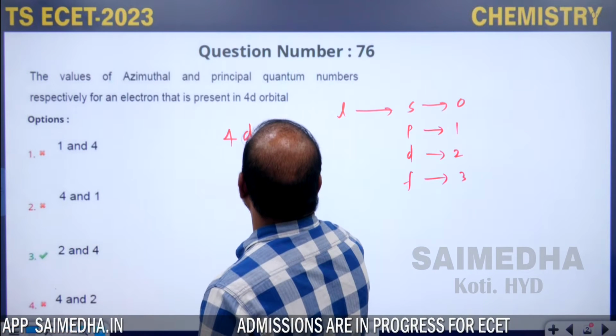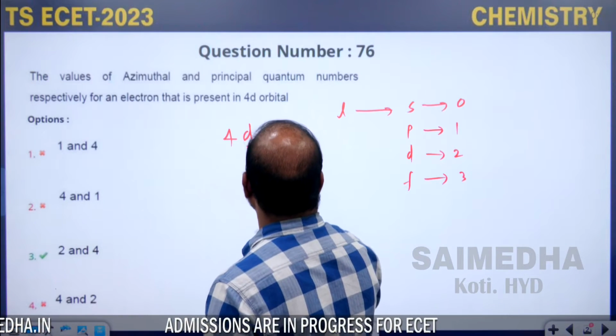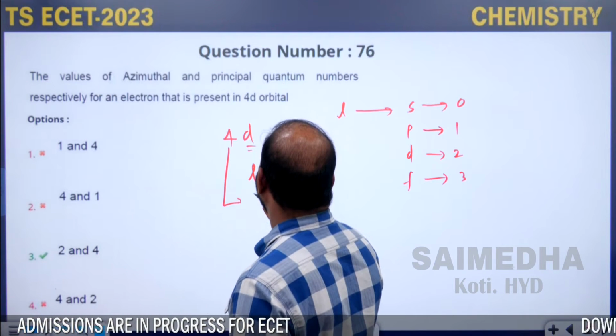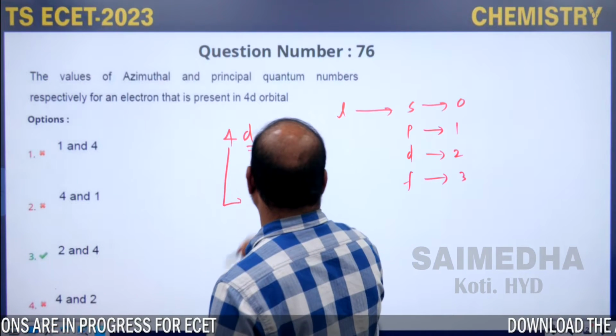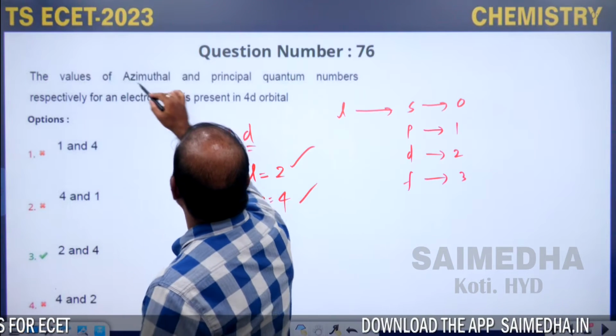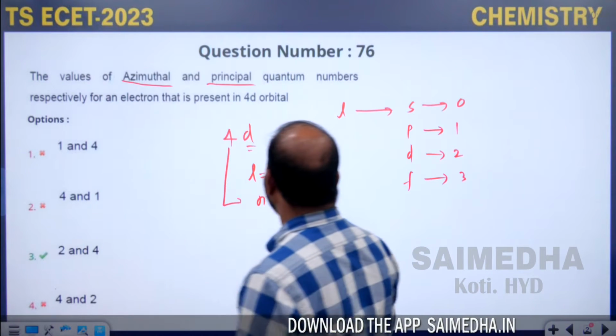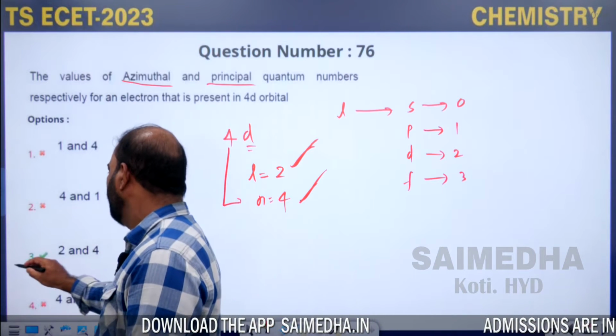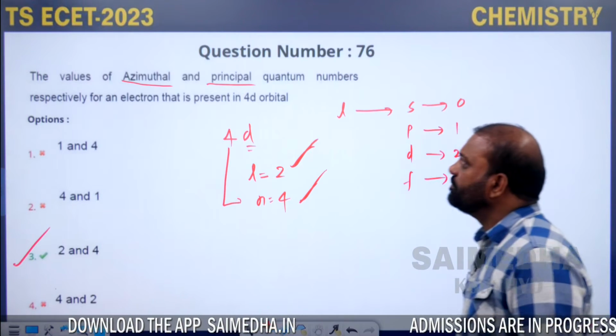Since it is D here, the azimuthal quantum number value is 2. The principal quantum number is n equal to 4, the 4th orbit. He asked the order first azimuthal and then principal quantum number. Azimuthal is 2 and principal quantum number 4. That is option 3. Option 3 is the right answer.